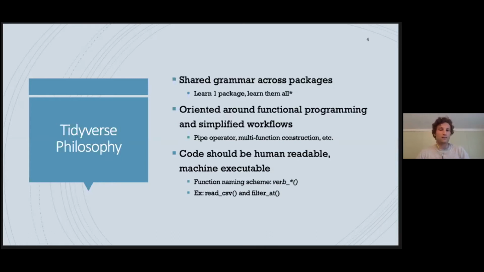I could give pretty much anyone the read_csv function, and they would very clearly understand that this function is for reading a CSV file. The same goes, though it's a little more nebulous, with filter_at, but it still gives the idea that you're going to be filtering for something at some location. You may not know exactly how to label those arguments when you're actually writing the function right now, but you still have the idea that something is going to be filtered somewhere.